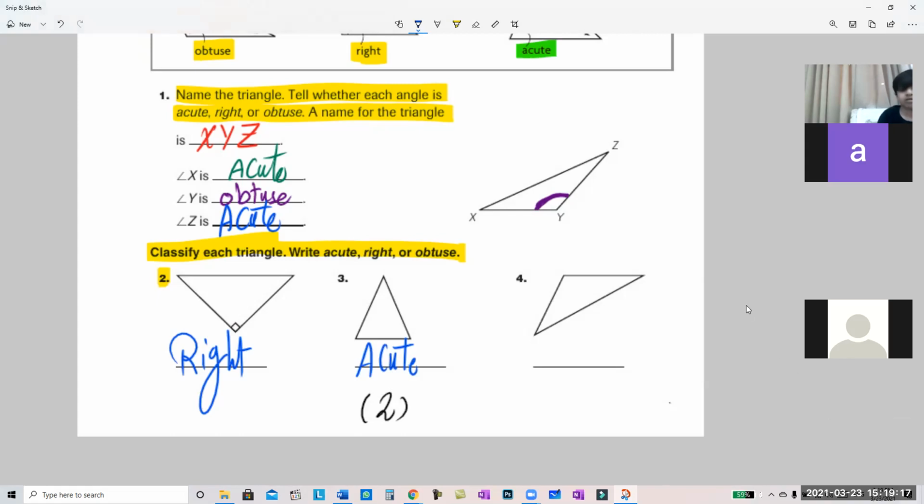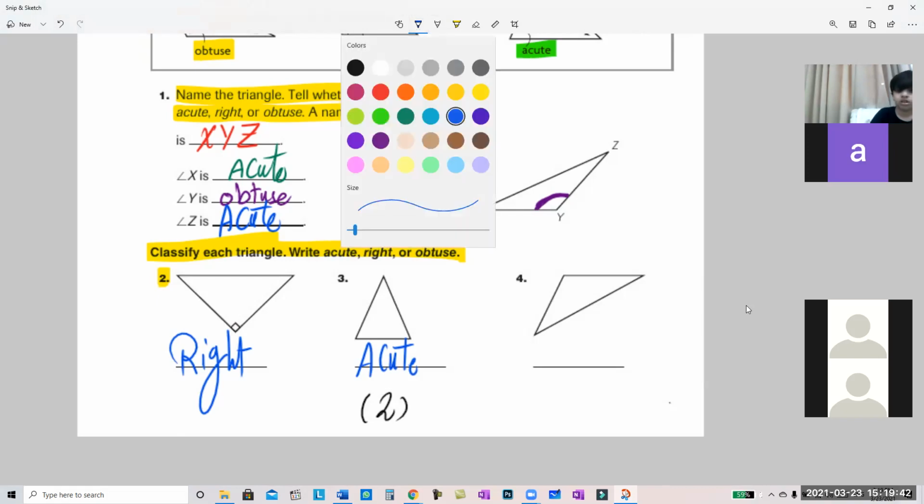Okay, what about Yazan? Number 4. What is the type of this triangle according to its angles? According to its angles, acute. Why? Because it's all acute. Okay, let me think about it.